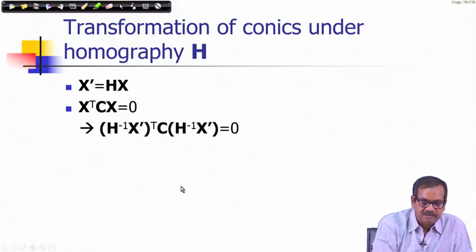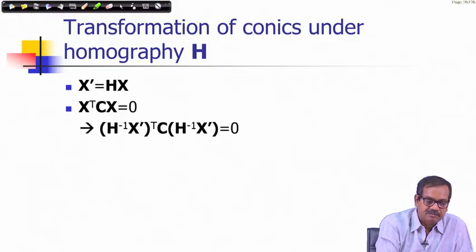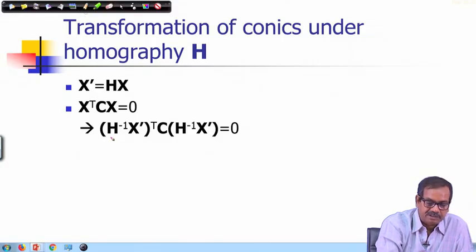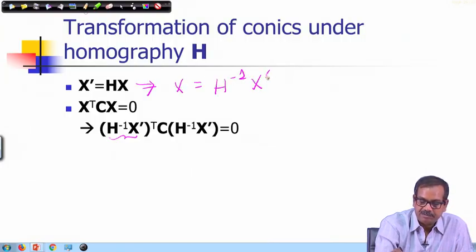We can write this equation x transpose C x in this form, because x is replaced by H inverse x prime. So, x equals H inverse x prime.